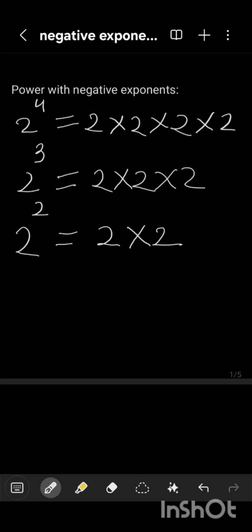So how many times repeatedly 2 multiply by twice, 2 times, right here. Now move for 2 to the power 1, or we can say simply 2. Can we say like this?